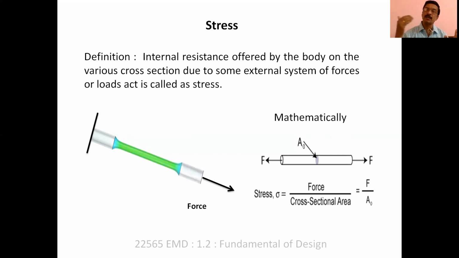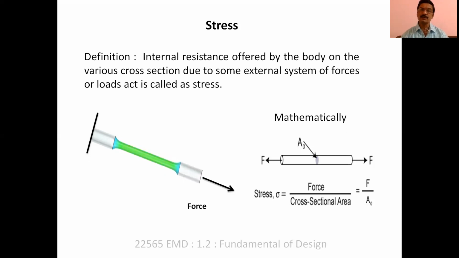Force is generally measured in Newton. Cross-section area is measured in mm square or meter square. So the unit of stress is Newton per mm square or Newton per meter square. Newton per mm square is also called megapascal. So this is about stress.